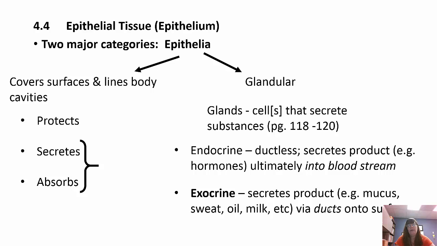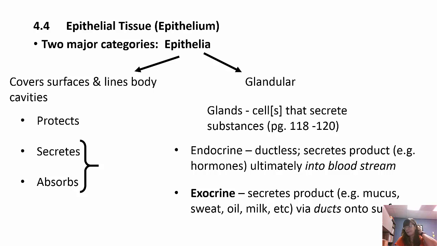Endocrine glands, again, we have an entire chapter that covers the endocrine system, so you will talk about that in A&P 2. But the endocrine glands do not have ducts. So they secrete their products, which are hormones, directly into the bloodstream. Exocrine glands secrete their products into ducts, onto the surface. So sweat, oil, milk, mucus, things like that are going to be exocrine glands.